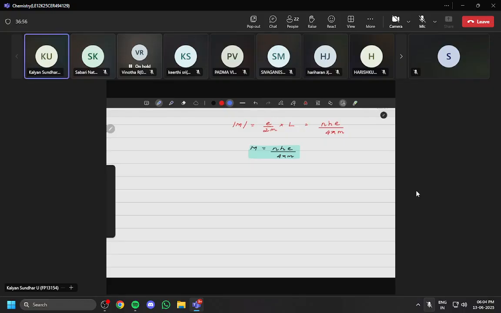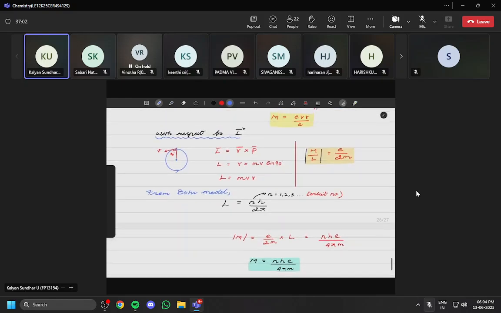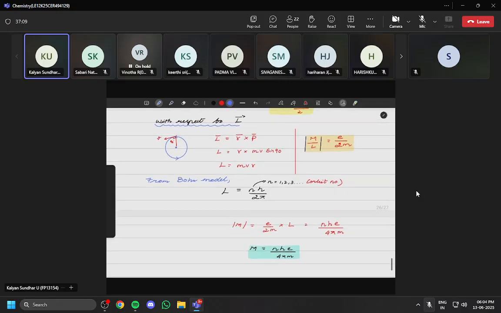Right, so this is all about your magnetic dipole moment in terms of your Bohr model and in terms of your angular momentum.